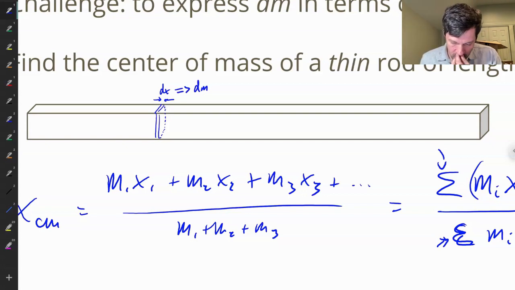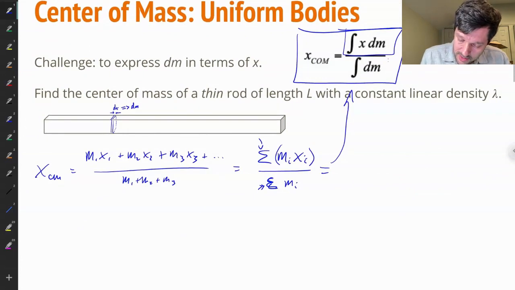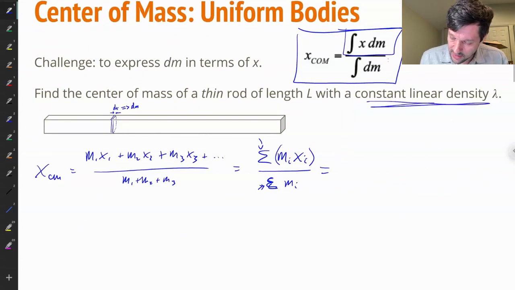And so one question is, is there a relationship between them? Well, the answer is yes. What we're being told in this case is that it has a constant linear density. So every one of those pieces of thickness dx is going to have the same amount of mass as any other one. As you go from one end of the bar to another, each little piece is going to have the same mass.